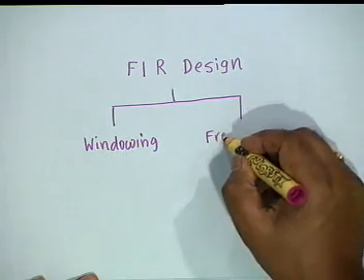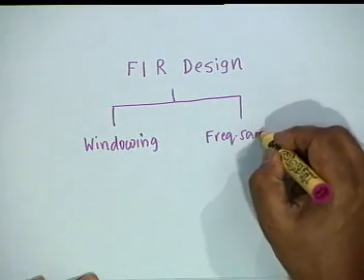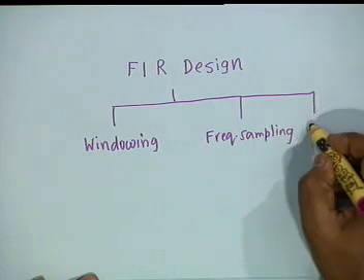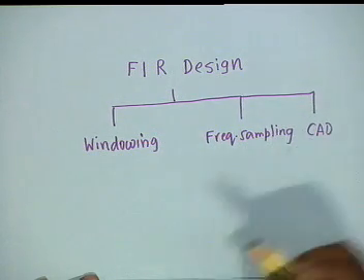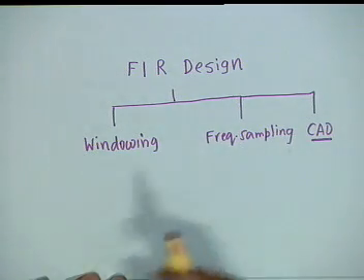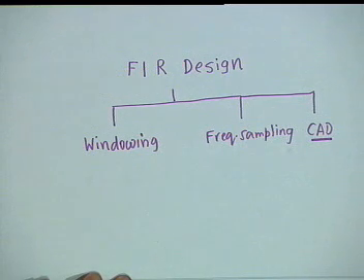One is windowing, the other is frequency sampling, and the third, of course, in common with IIR design, you have the computer aided design techniques which are very powerful. Nevertheless, they are not analytical, they are based on empirical procedures and algorithms.